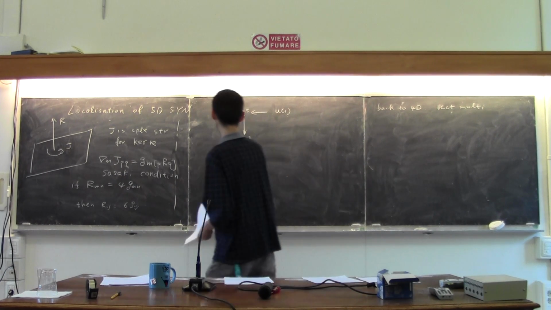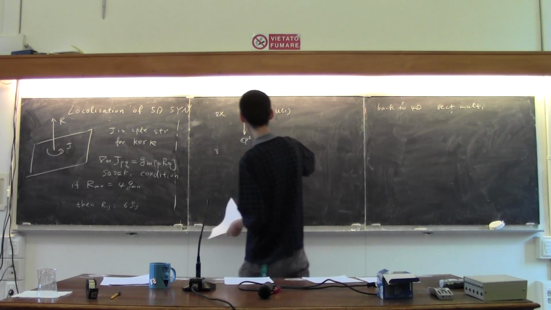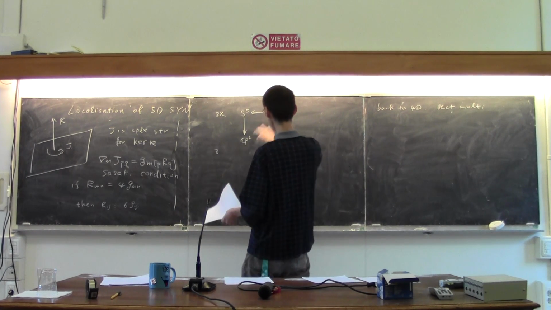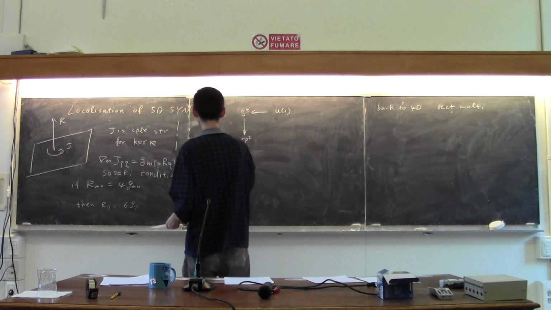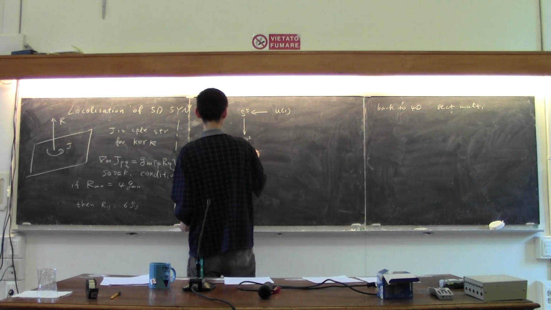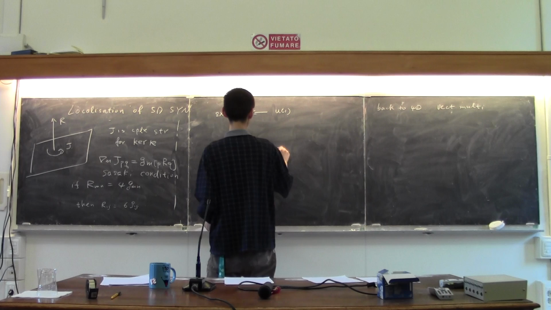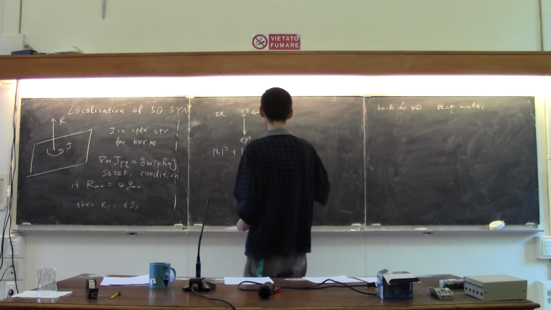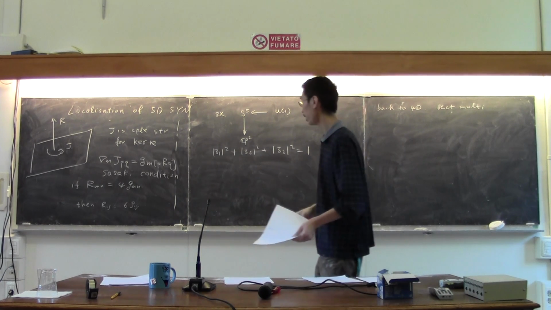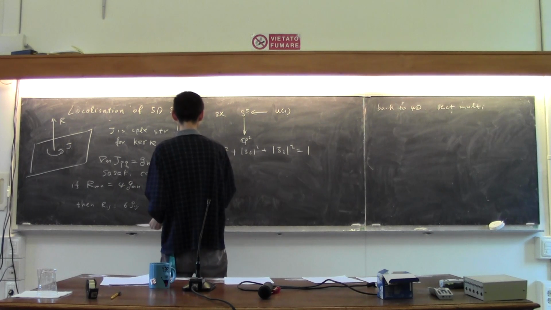So I'll write S5 in this way. I want to choose coordinates adapted to this picture of fibration. So for this purpose, I will first write the equation for S5, and then I'm going to change variables to the following.